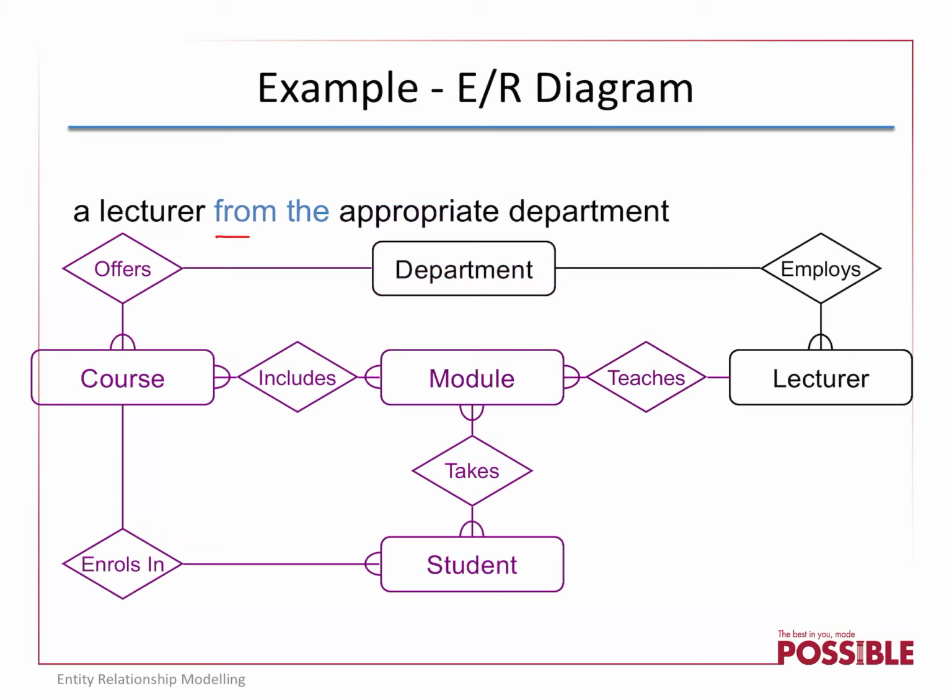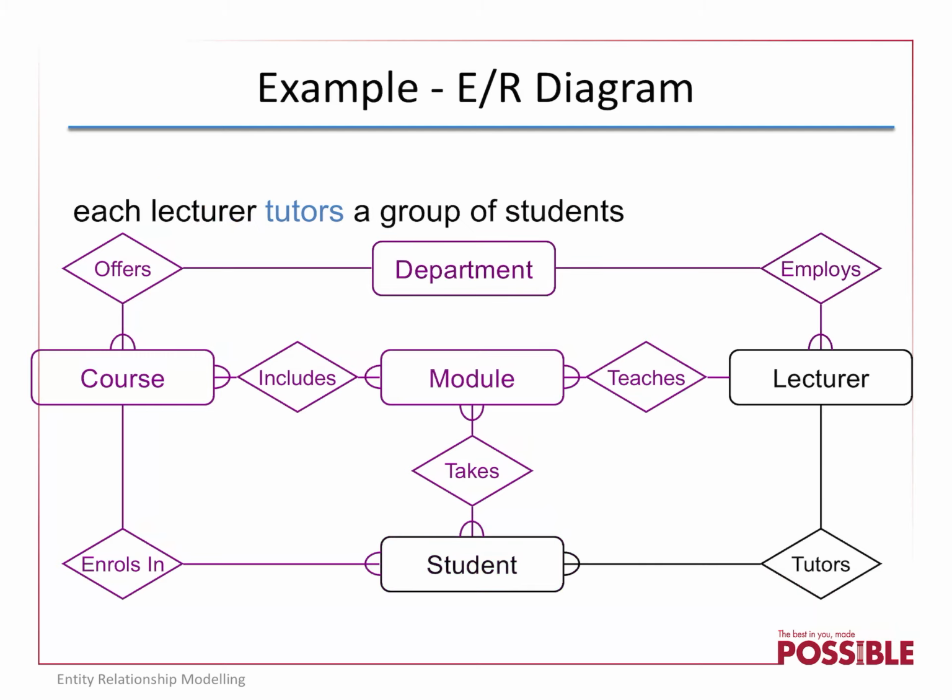Lecturer from the appropriate department, so there's a relationship between lecturer and department. Appropriate department means one, and you have many lecturers. Each lecturer tutors a group of students, so between lecturer and students, one lecturer, many students. So this is your ERD diagram.